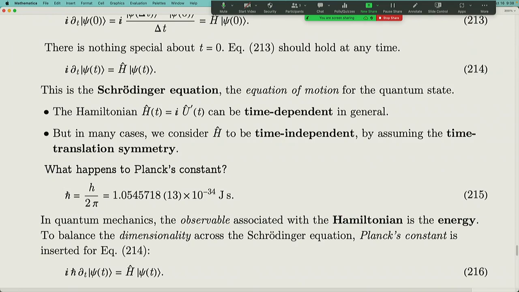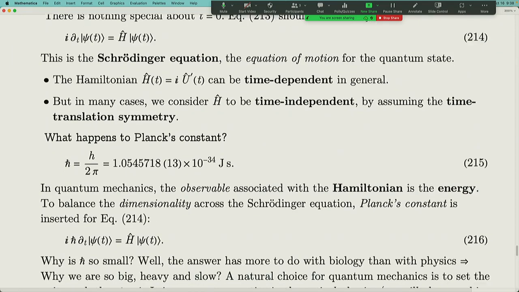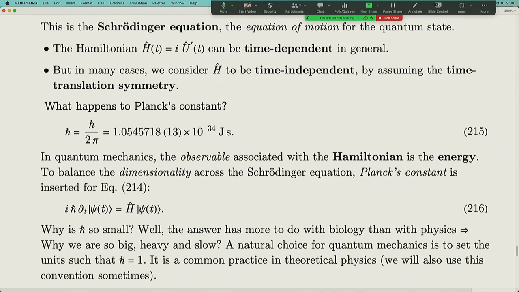And if you open up your textbooks and see what the Schrödinger equation looks like, what you will find is that there is an additional factor, h bar, in the front. So what happened to the Planck constant? I'm deliberately missing that. In quantum mechanics, if you want to balance the dimensions, you actually need to add this constant.